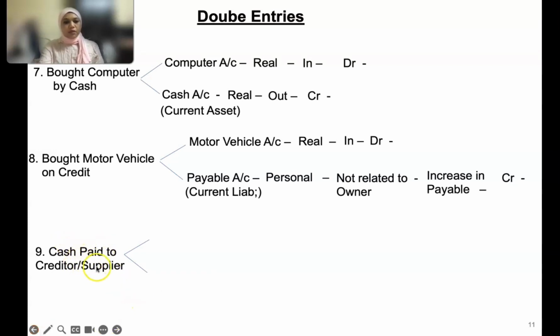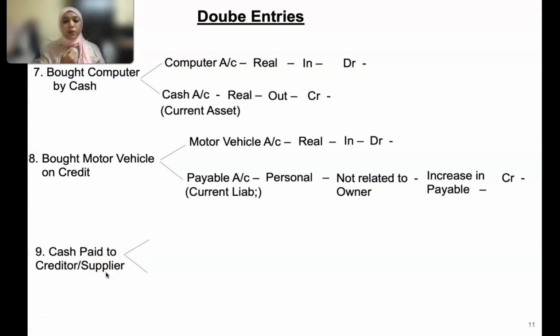Cash paid to supplier, cash paid to creditor. Here we bought a motor vehicle on credit, right? We also saw an example of credit purchase. We buy on credit, we have to pay our supplier in a later period, right? Maybe in the next month we are going to pay. So we need to consider what are the two accounts we are going to open.